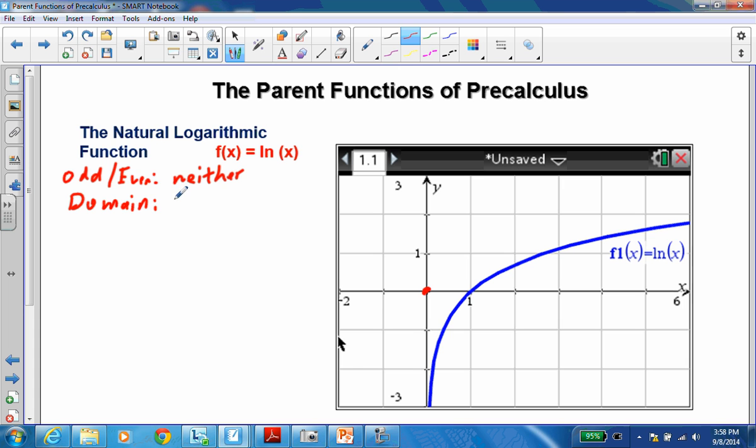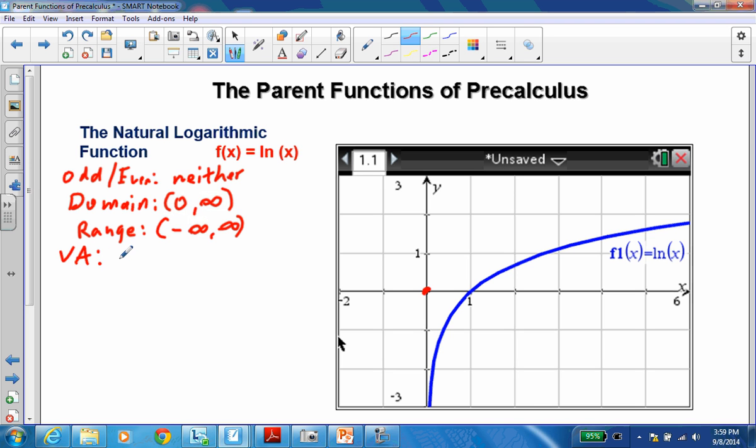Our domain is going to be 0 to infinity. And what is our range going to be here? Our range is going to be all real numbers. Do we have a vertical asymptote?